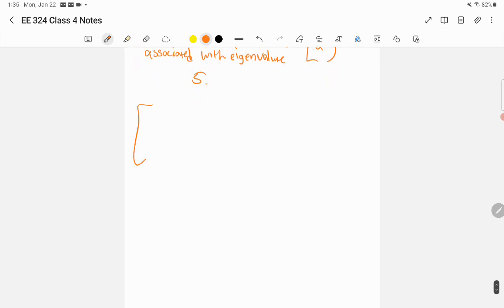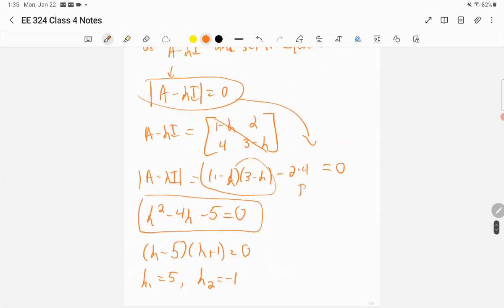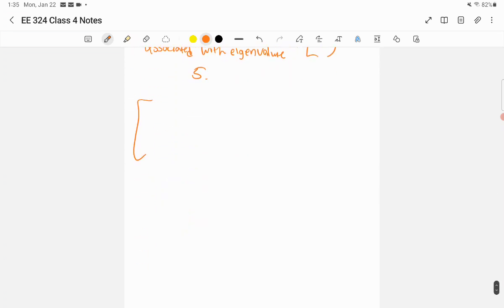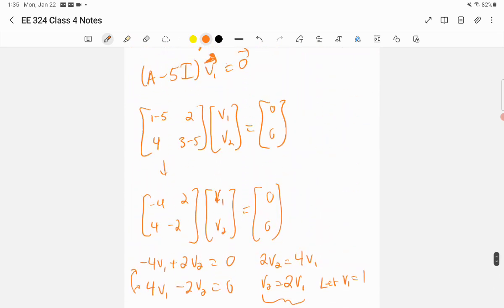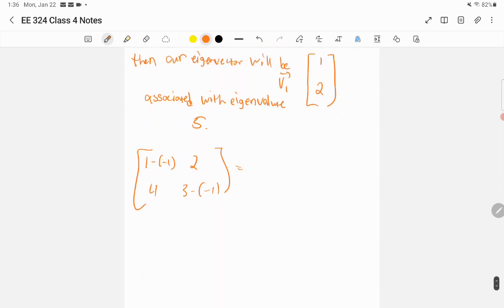Now I have to do the same thing for the other eigenvalue. The other eigenvalue was minus 1. So we have to do 1 minus negative 1, 2, 4, and 3 minus negative 1, which is equal to 2, 2, 4, 4.